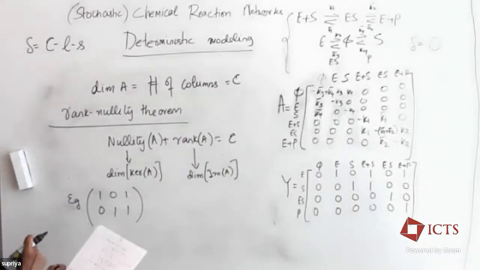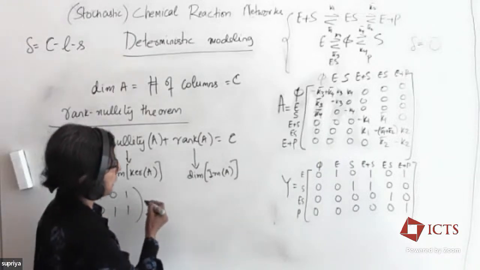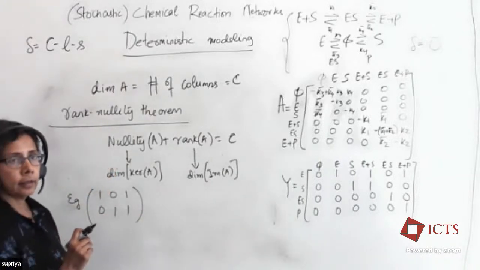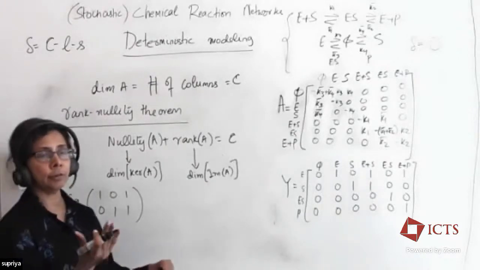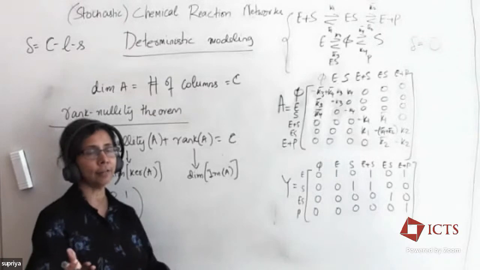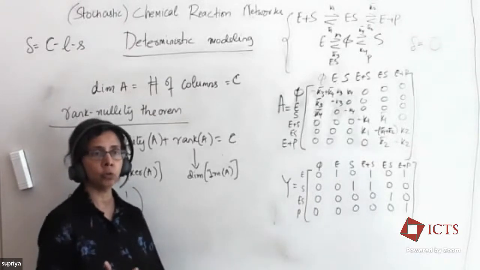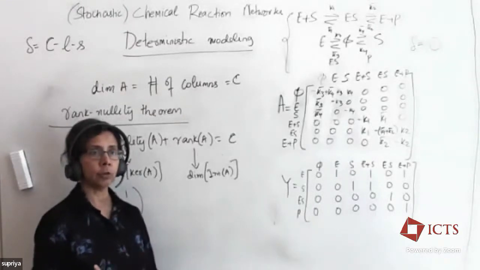So the image of A. You might think, how am I ever supposed to know what's the image of A? It acts on something, gives me something else. How am I ever supposed to be able to describe such a thing?